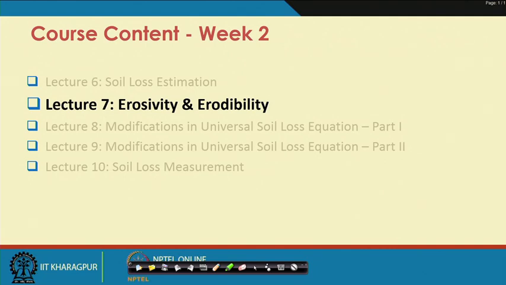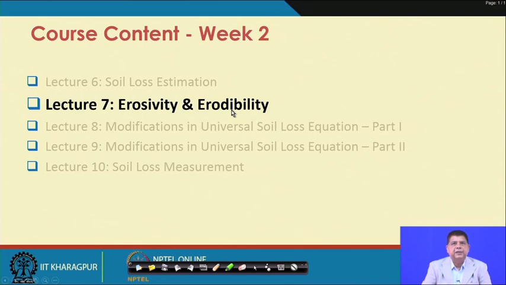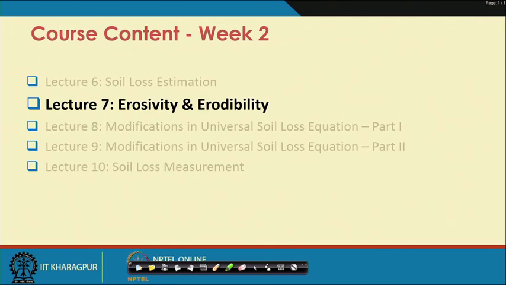In lecture 7 today we will be covering erosivity and erodibility. In lecture 8, we will see modifications in the universal soil loss equation, that will be part 1, and in lecture 9 we will continue with the same modification, that is part 2, and in the last lecture of the week, lecture 10, we will go through soil loss measurement.